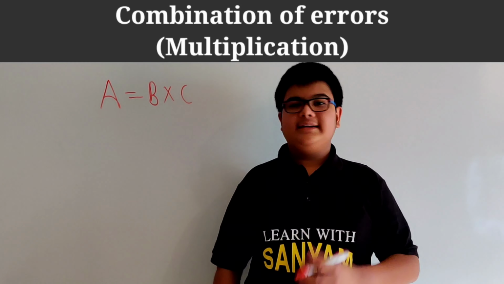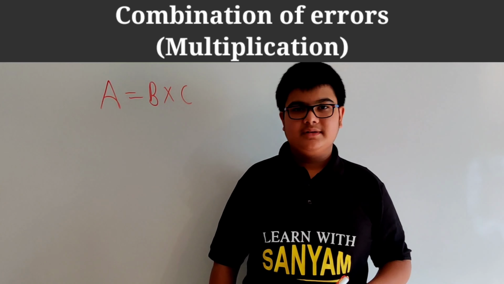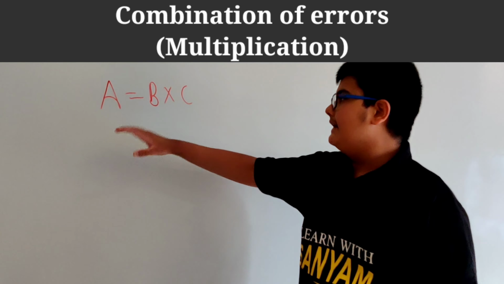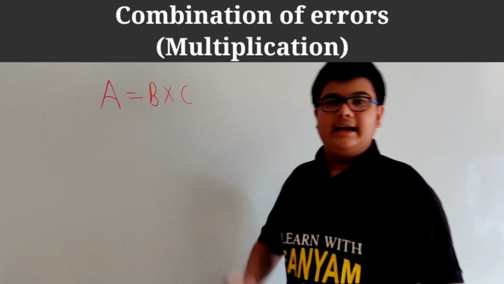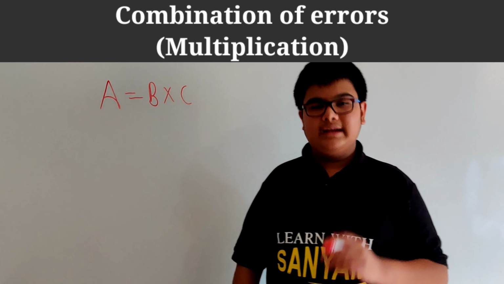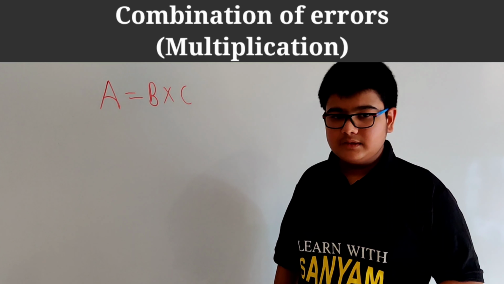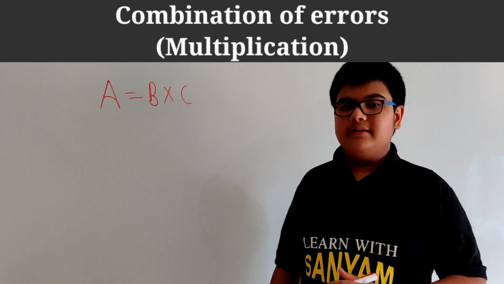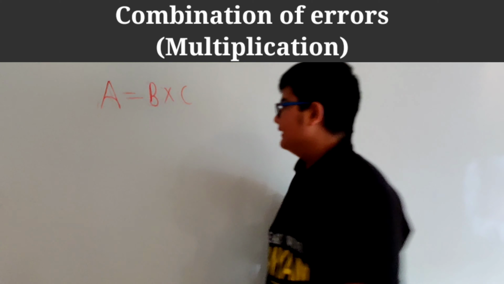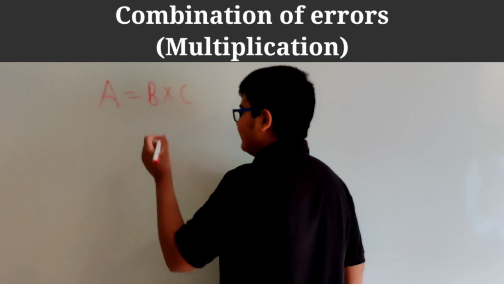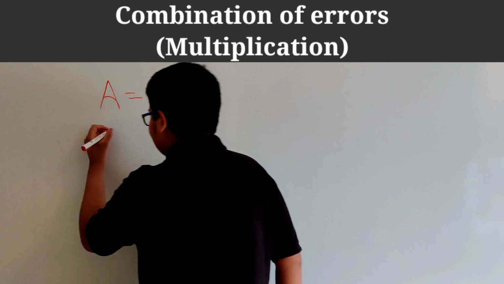Now we have to find the error in multiplication. We are given an equation that A is equal to B into C, and we have to find the amount of error in this. For finding the amount of error in a product, we have to find the fractional change of them.